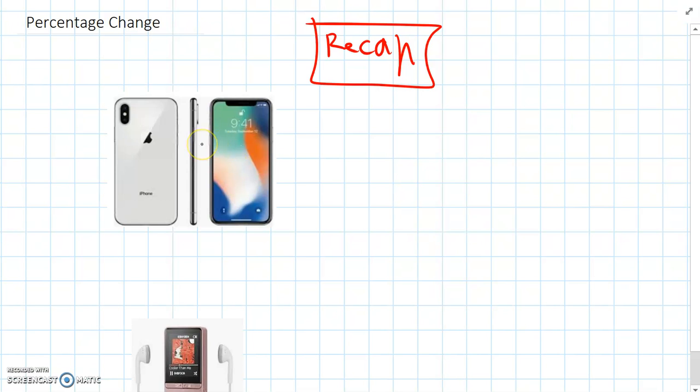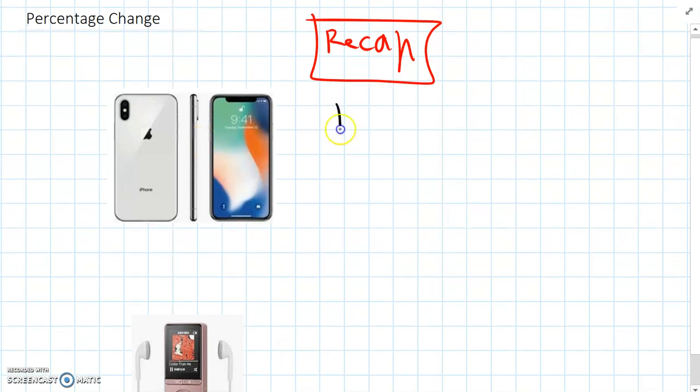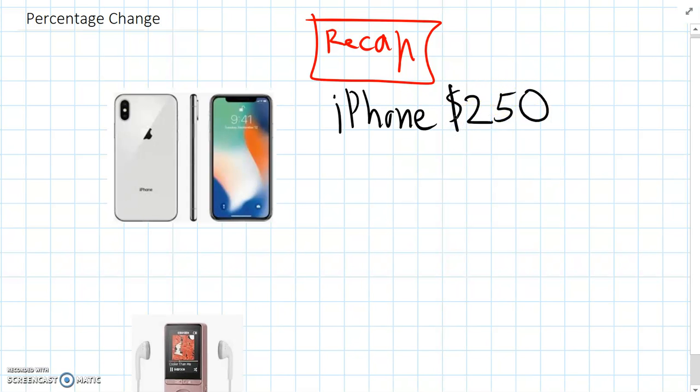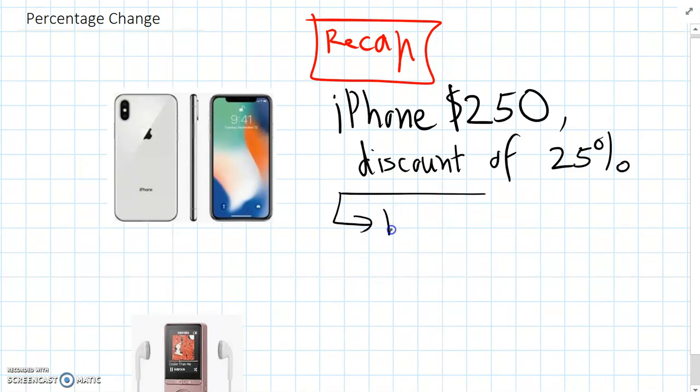If you have an iPhone that originally cost $250 and it has a discount of 25%, we practiced how we can work out the final price. How do you get to the final price after that?